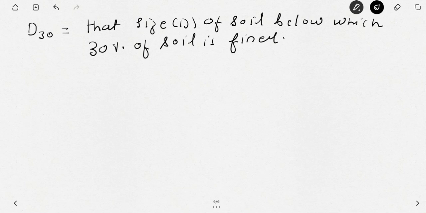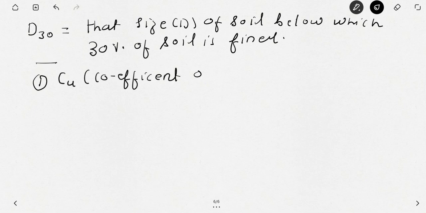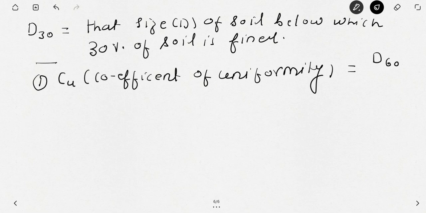So what are the shape factors? There are two kinds of shape factor. There are two shape factors actually. First is the very famous one, and there is a lot of confusion in these shape factors, Cu. It is called the coefficient of uniformity. Okay, Cu, and it is calculated by the ratio of D60 over the effective diameter D10.